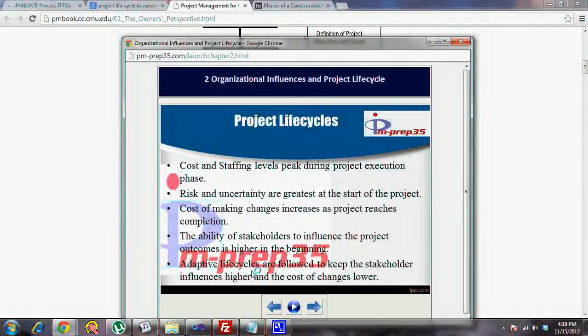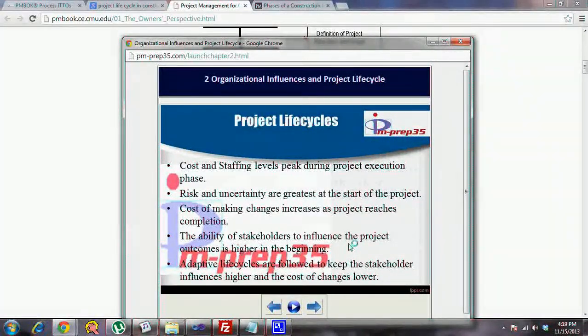Adaptive life cycles. Now what is an adaptive life cycle? Let's recap. Predictive life cycle is waterfall, adaptive life cycle is iterative and incremental. So okay, let's go ahead. Adaptive life cycles are followed to keep the stakeholder influence higher and the cost of change lower.